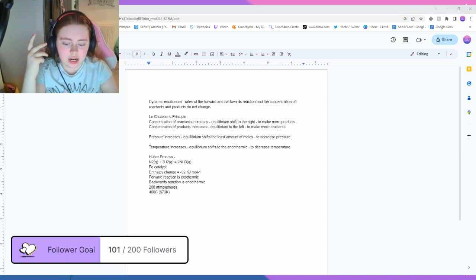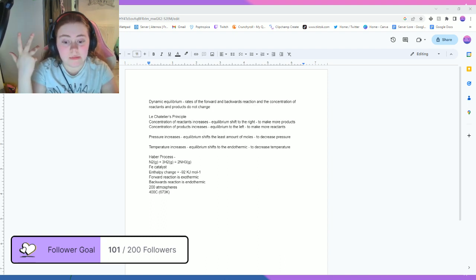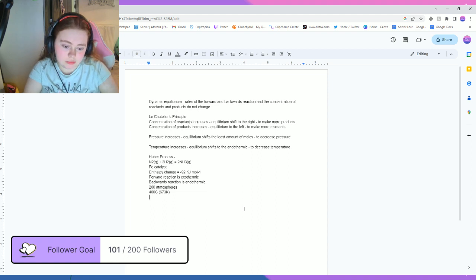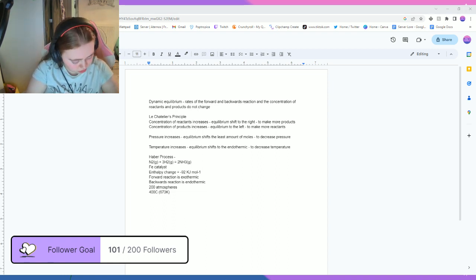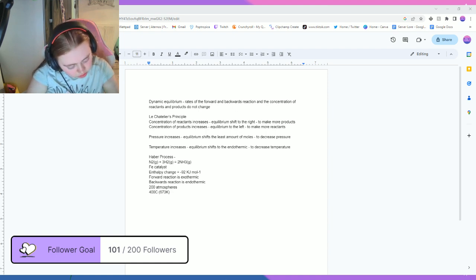So the Haber process, when ammonia is being made, may not always be carried out at 200 atmospheres or 400 degrees C, mainly because of cost.